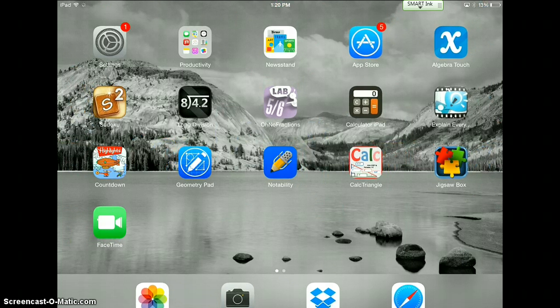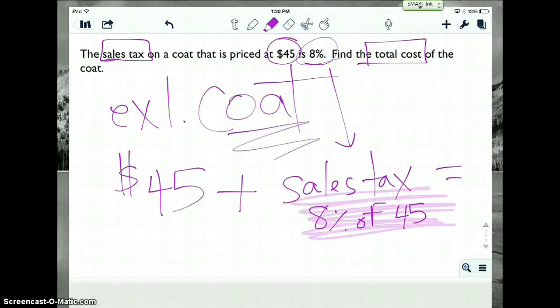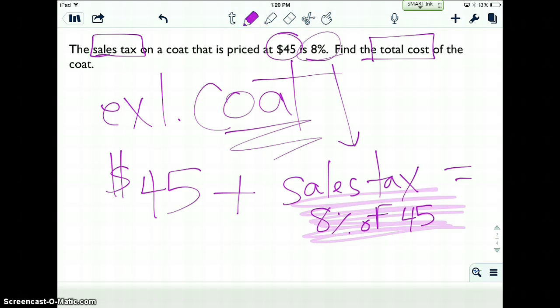So I'm going to find my handy dandy calculator. And before I use my calculator, 8% of 45. First off, what am I going to plug in the calculator? 8%. 8% as a decimal. If I'm unsure on the calculator, I'm going to do 8 divided by 100. And that'll tell me, because 8% is 8 out of 100, that it would be 0.08.